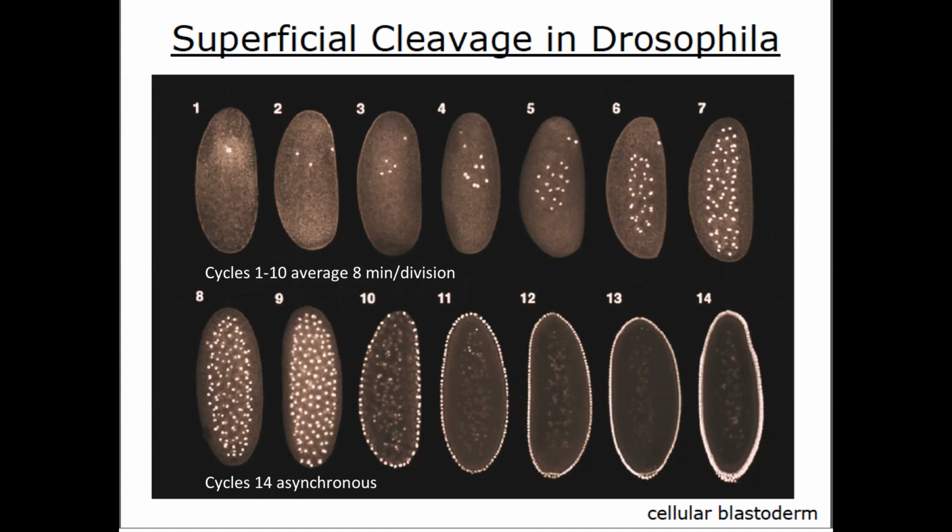All the way to stage 11 to 12, it is mostly maternally driven. The maternal components were initially being translated, so it's a lot of RNA and protein laid by the mom into the developing oocyte.